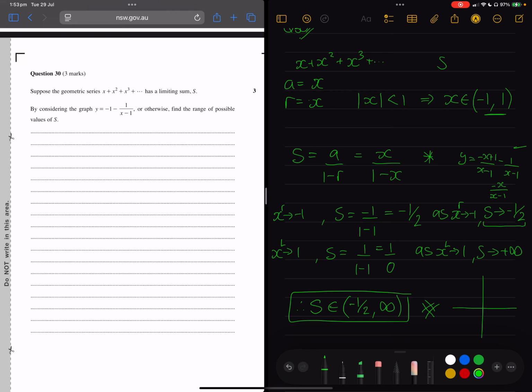The function would be like this, but it becomes negative, shifts across, and you end up with something like this with asymptotes here and here.